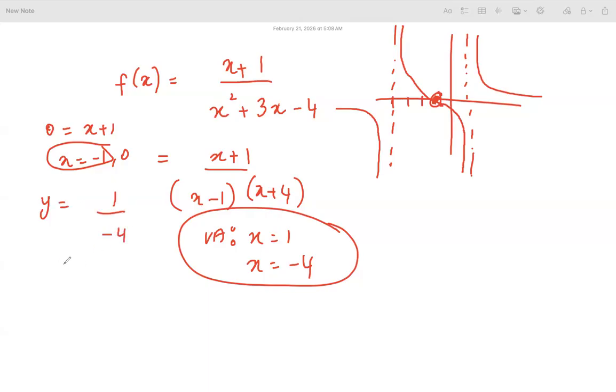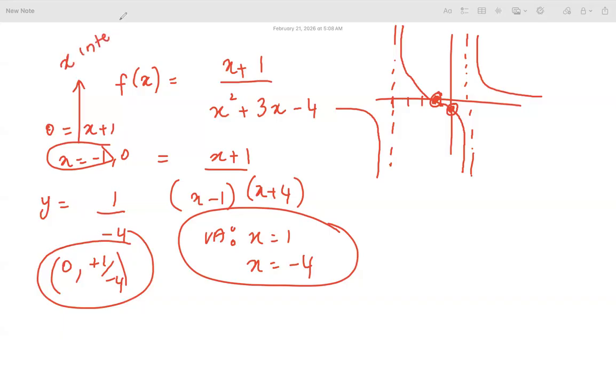You get 1 by -4. So that point is 0 comma 1 by -4. This is your x-intercept. This is your y-intercept.